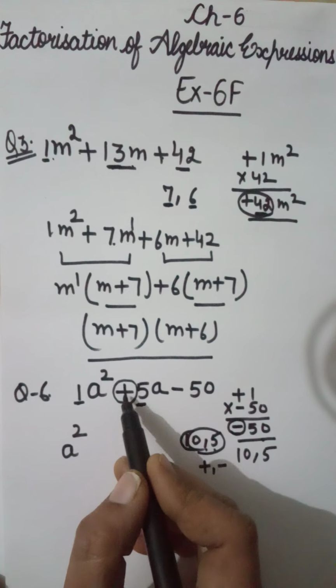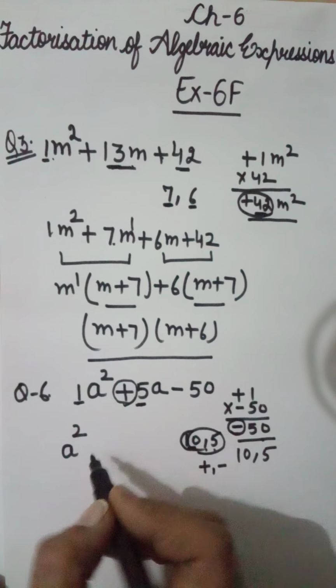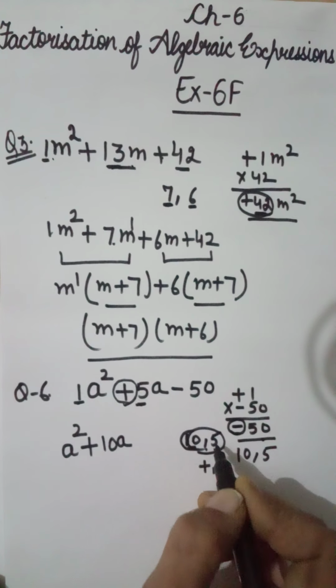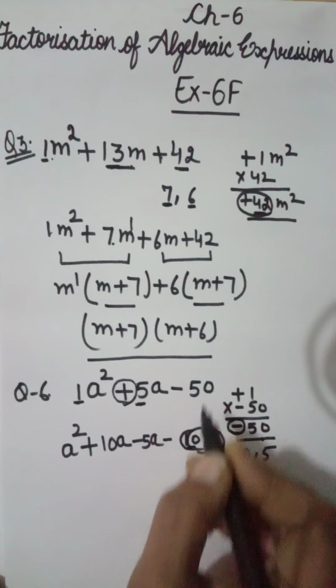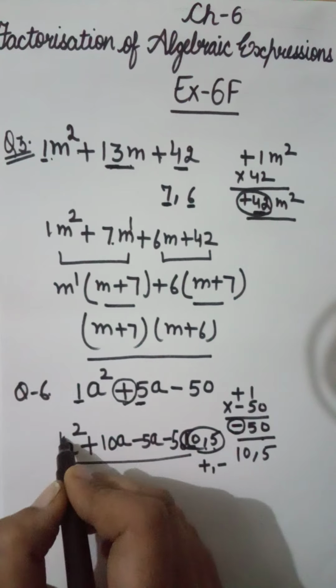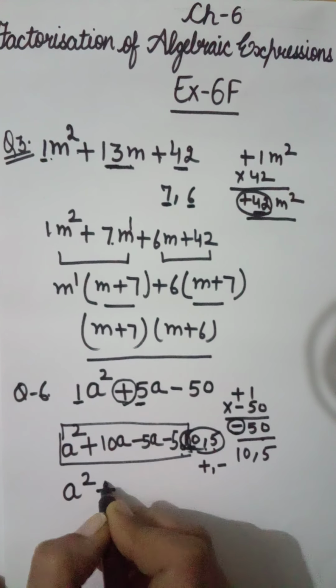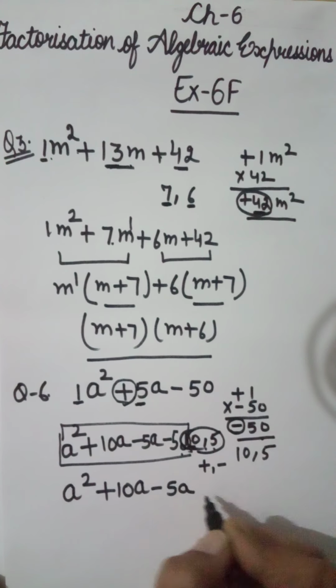This middle term is positive, so you will put the positive sign on the bigger term. So the bigger term is 10, it will be positive. The smaller term is 5, and this will be negative. Minus the third term, 50. Clear? It means we have broken it like this: a square plus 10a minus 5a, and the last term is minus 50.